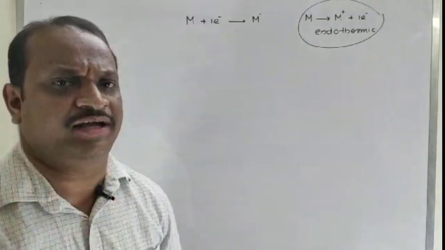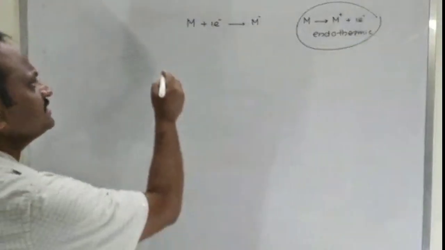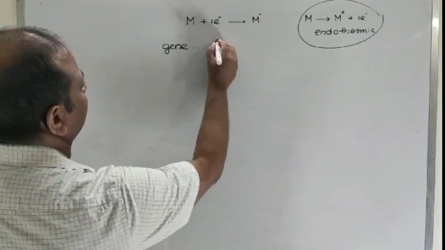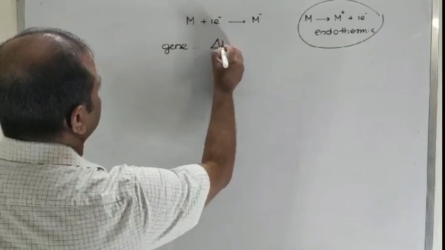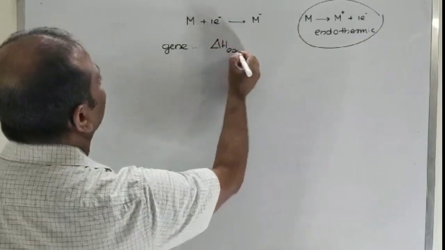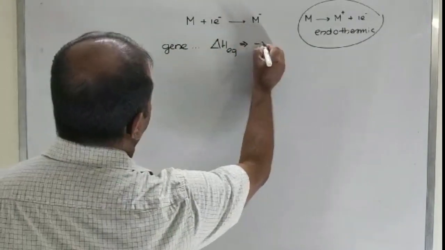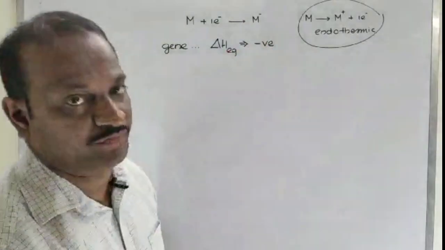But generally you are right. Generally, electron gain enthalpy is negative, but not always.